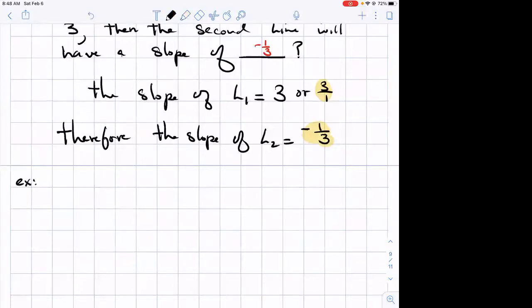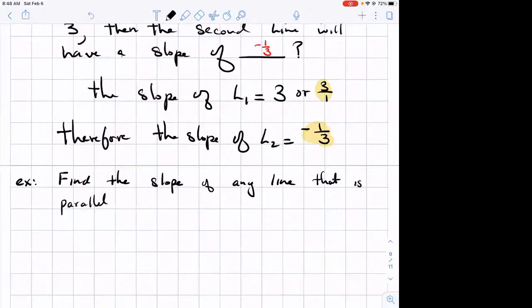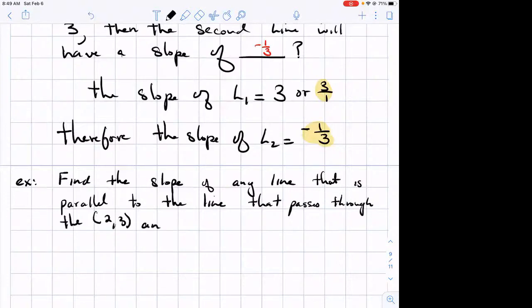Example: find the slope of any line that is parallel to the line that passes through points 2, 3 and -8, 1.